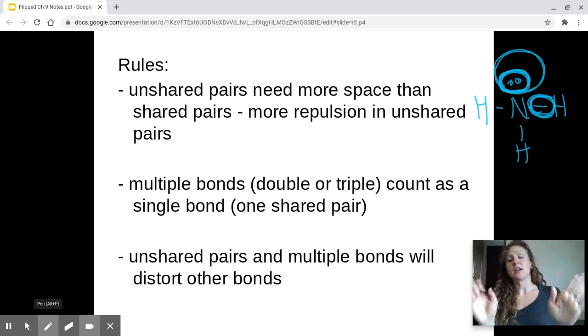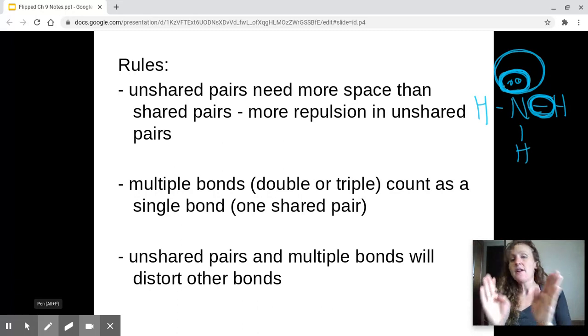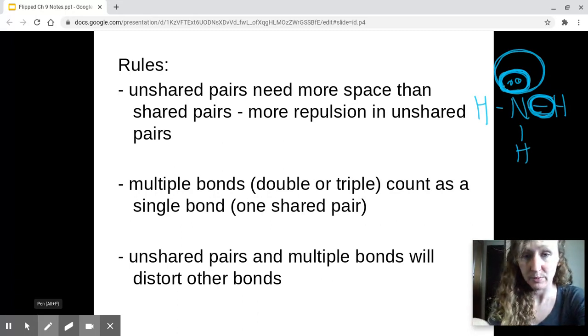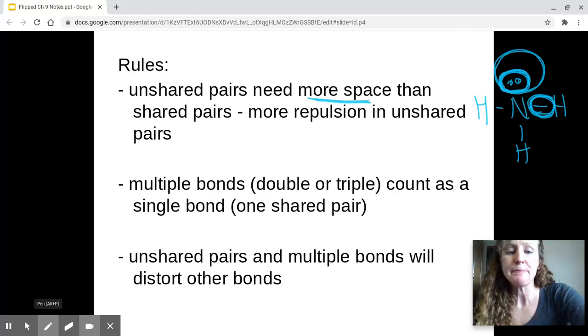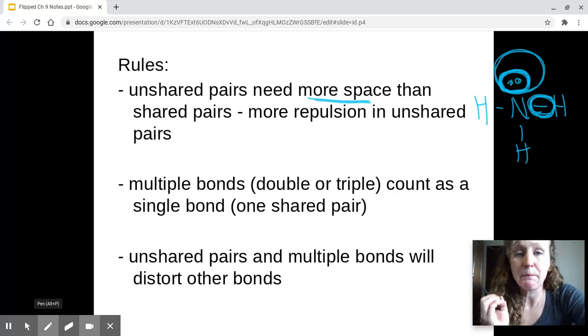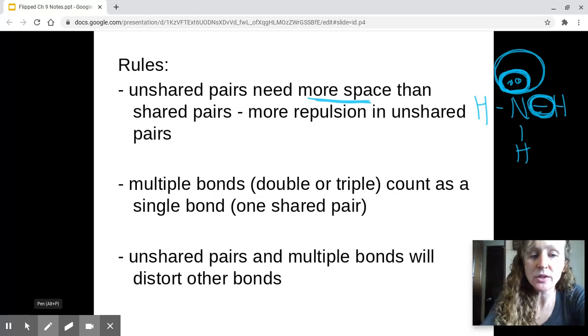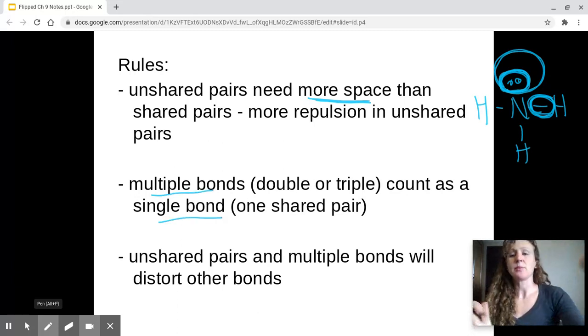So when we're looking at electron pairs that are repelling each other, 2 bonding pairs repelling each other are going to be at a different angle than a bonding pair and a lone pair repelling each other. That lone pair is going to take up more space. When we're looking at bonds themselves, multiple bonds and single bonds take up the same amount of space.